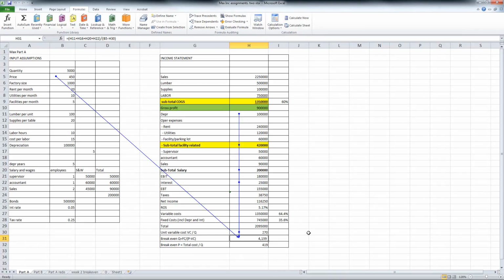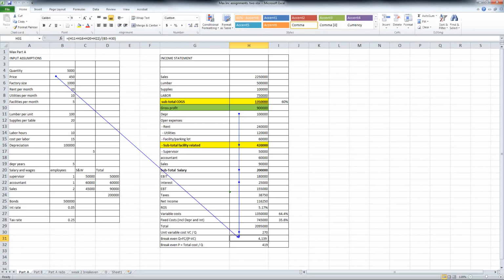So what that means is that if we sell 4139 chairs, we basically will be break-even, which means that our earnings before taxes will be zero. If I check the exact number, obviously it's going to be a little fractional. So let's look at that for a second. Obviously, but it rounds to 4139.